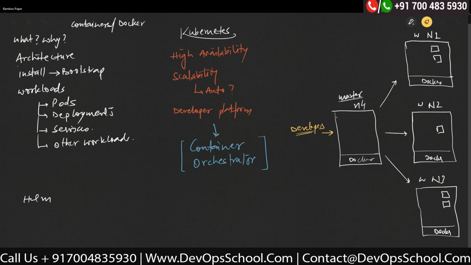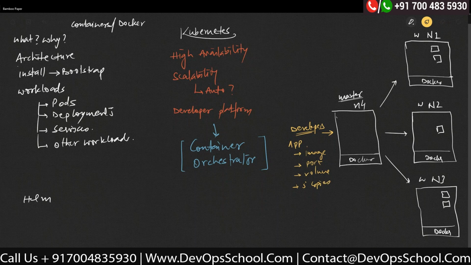Not required. Developers will say, just run my application, and my application consists of some Docker image, it runs on some port, and it uses this volume, and that's all, and run 5 copies of it.